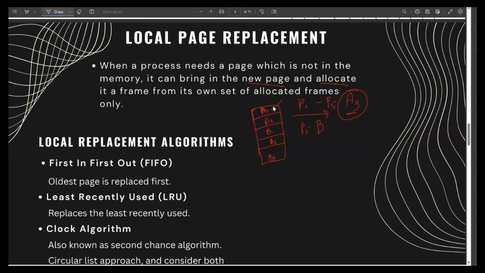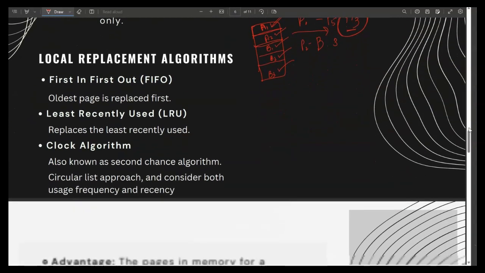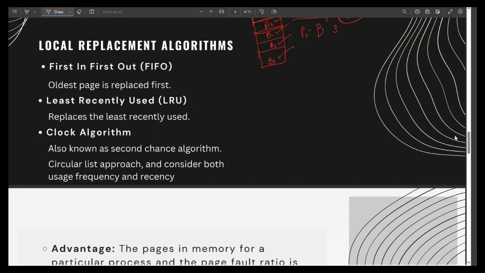Process A is allocated 2 frames and process B is allocated 3 frames. So page 3 of process A will be swapped in by replacing one of process A's 2 frames. This is the local page replacement algorithm.